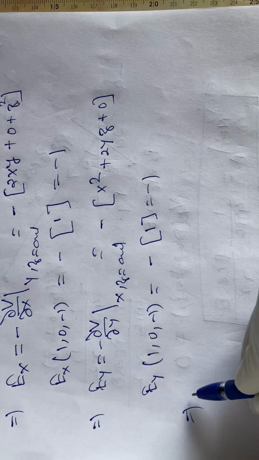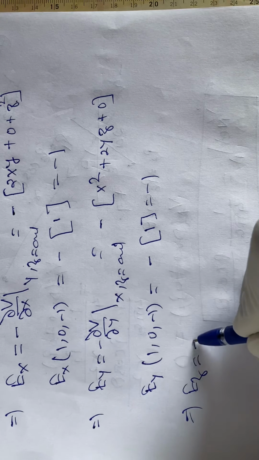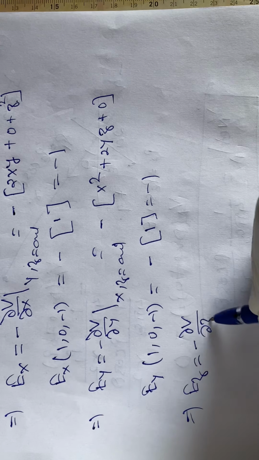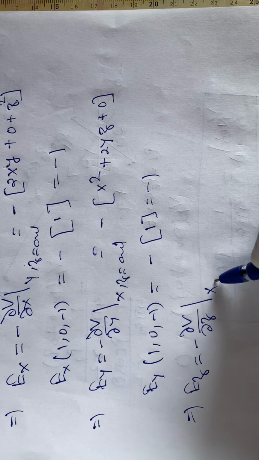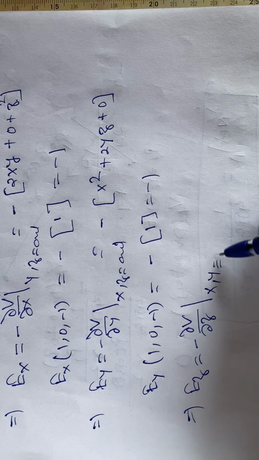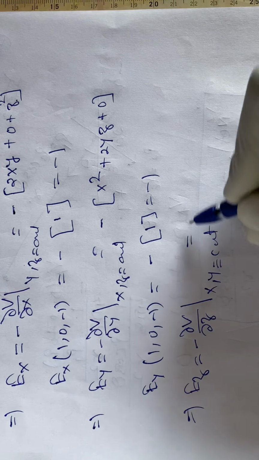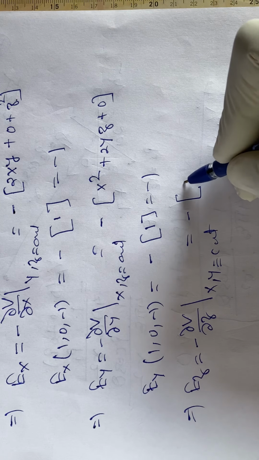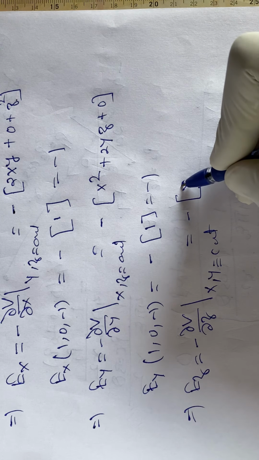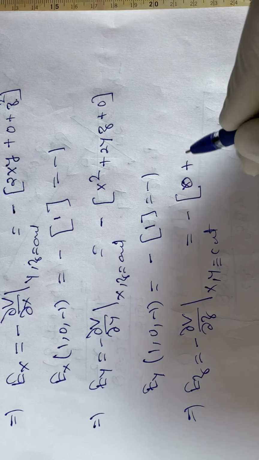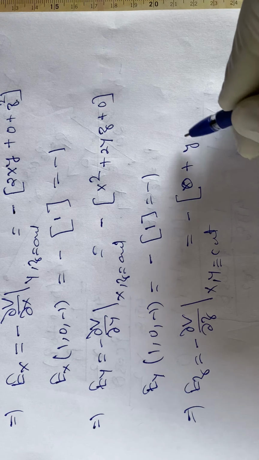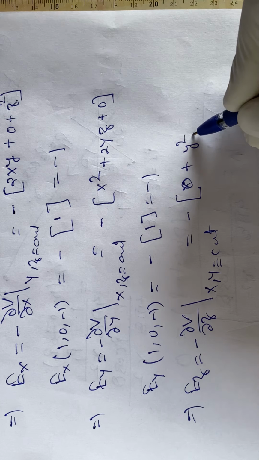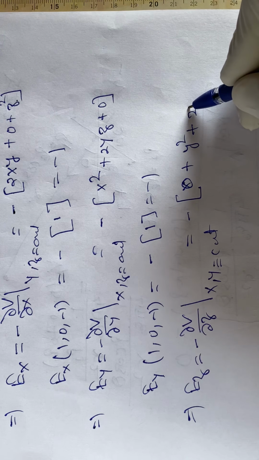Now the same way, get Ez, this is minus of del V over del z, differentiate V with respect to z, keeping x, y as constant. This comes out to be minus of 0 plus y square plus 2zx.